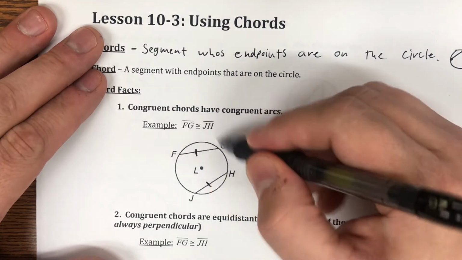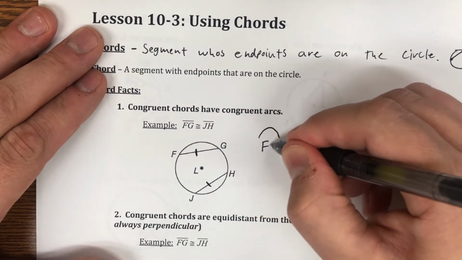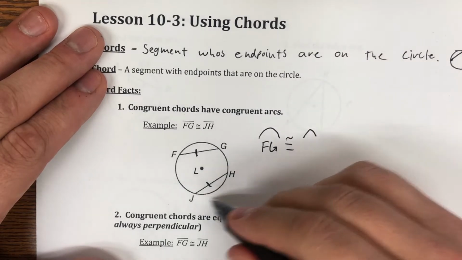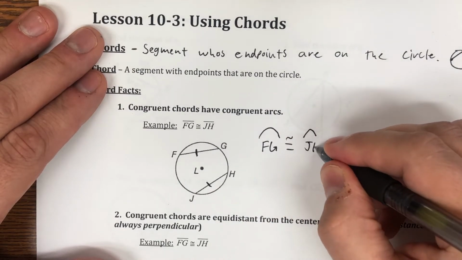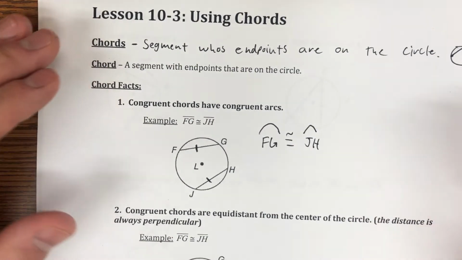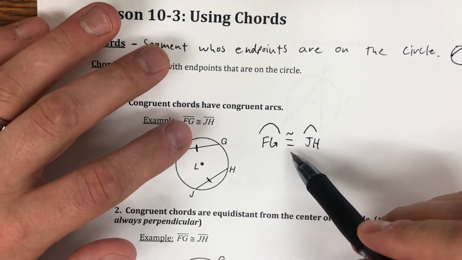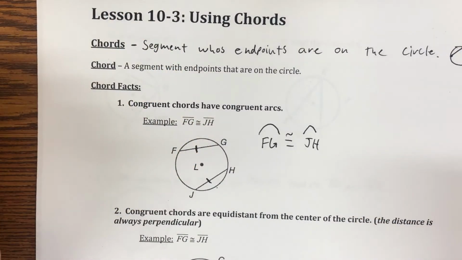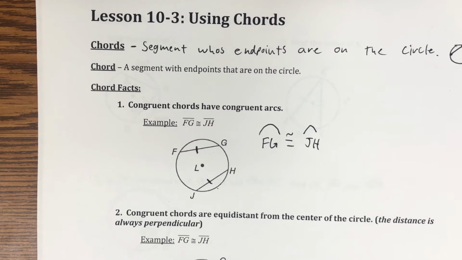So arc FG is congruent to arc JH. That is what we know. And that also works the other direction. If these two arcs are congruent, then the two chords would also have to be congruent inside that same circle. Lots of things that are equal here with our circles.